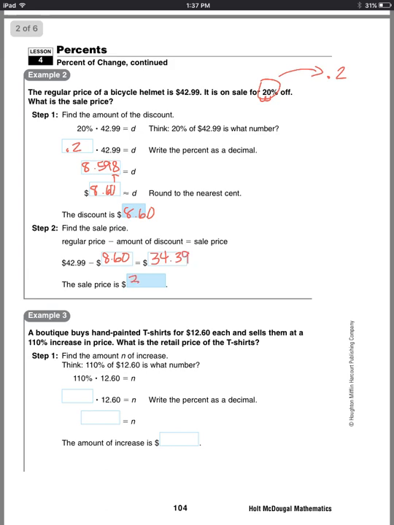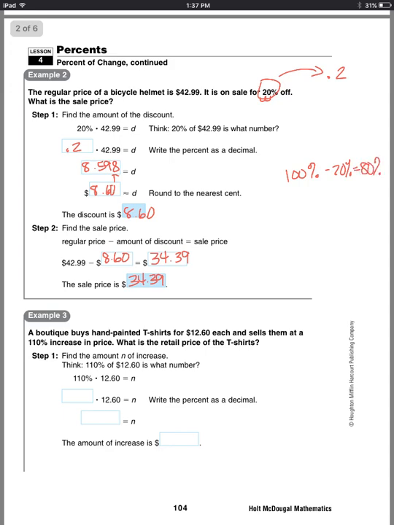So the sale price is $34.39. Okay, another way to look at this is to think, if I get that helmet for 20% off, I'm paying 80% of the original price, because 100%, which is how much the bicycle helmet normally costs, minus 20% is 80%.